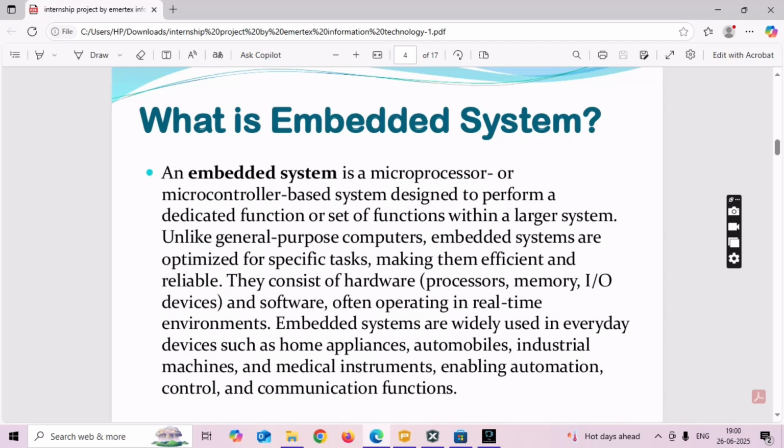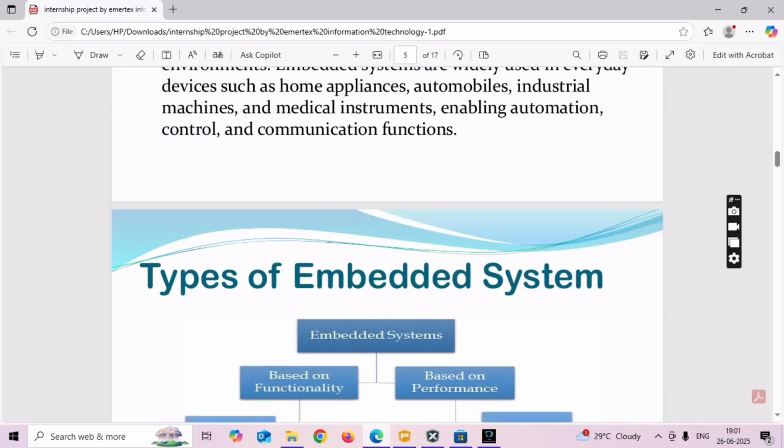They consist of hardware, which is processors, memory, input or output devices, and software, often operating in real-time environments. Embedded systems are widely used in everyday devices such as home appliances, automobiles, industrial machines, and medical instruments, enabling automation, control and communication functions.